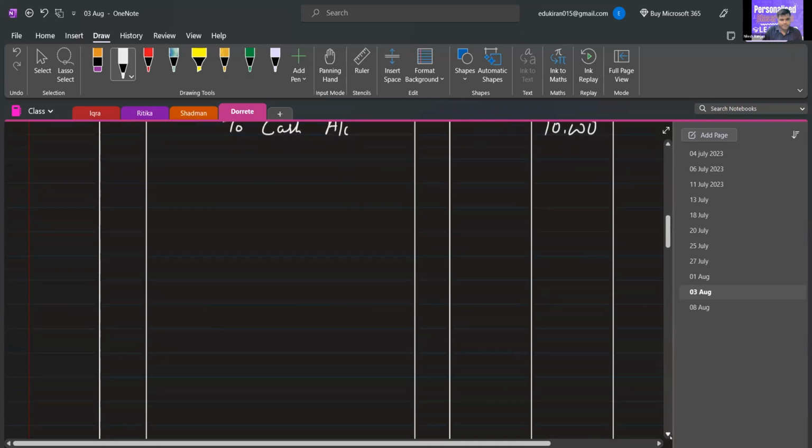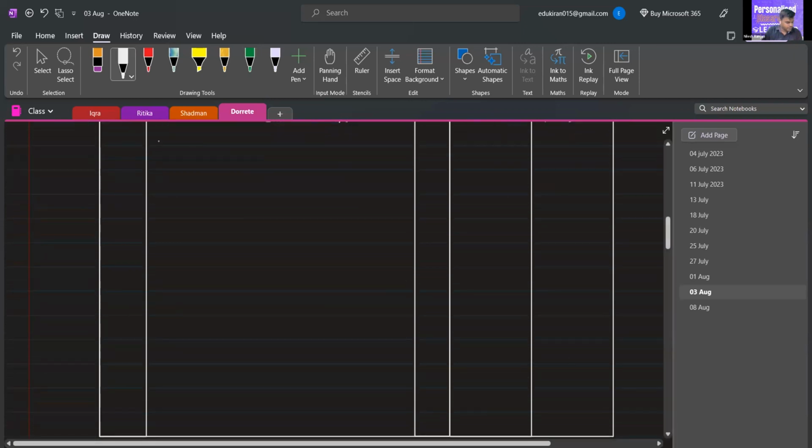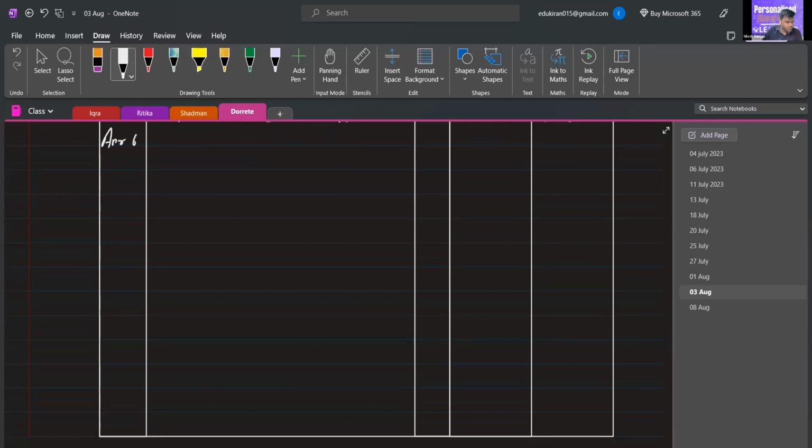Next is on April 6th, it is goods sold to Rohit. So Rohit account debit. Actually, when we write the name, we write it like this. Then we can put only the account here.